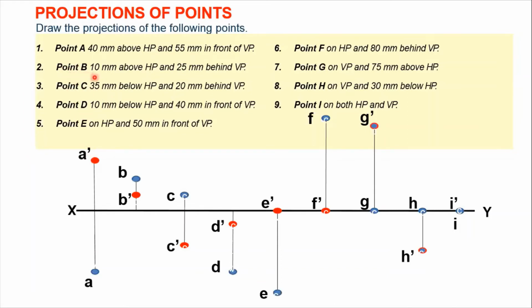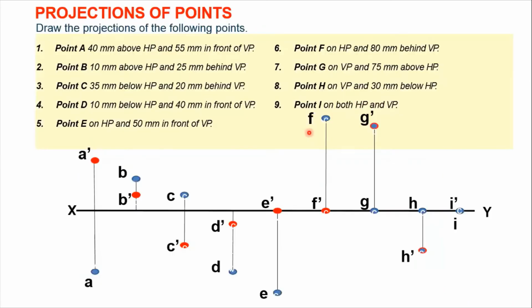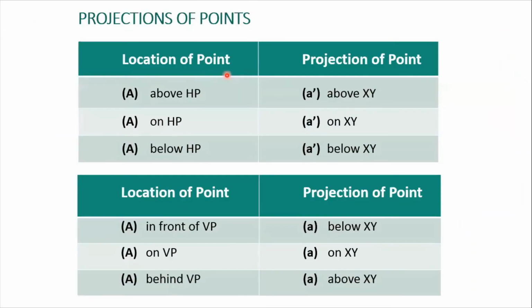So point B, 10 mm above HP and 25 mm behind VP. 10 mm above HP, so let us look at the table. 10 mm above HP, that means our answer would be A dash above XY line. So we'll be plotting this point B dash in this case, and which is 10 mm above this XY line. This is your dark point B dash. Now it is said that 25 mm behind VP. So let us look at the table for VP.